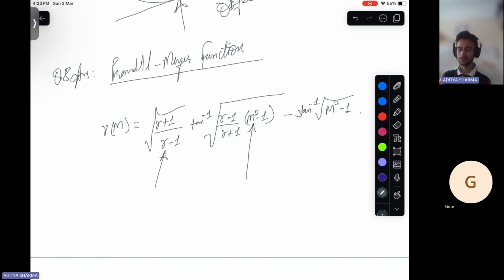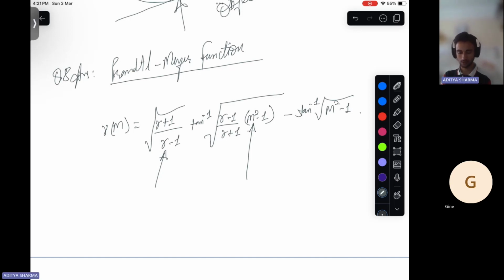But if you have remembered this function, then it is good for you.